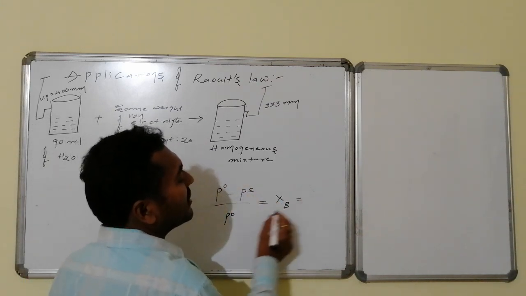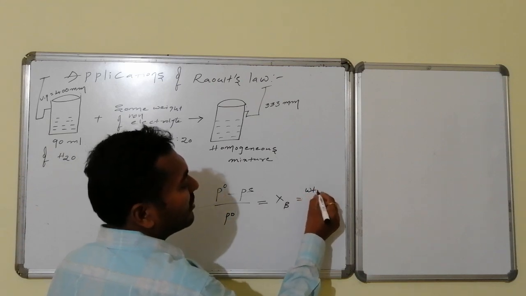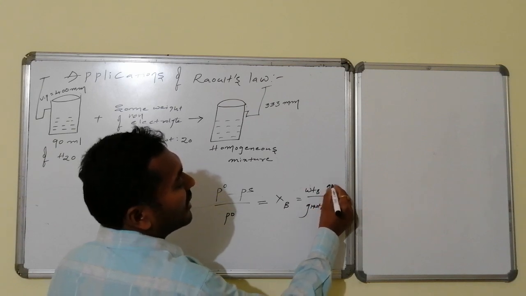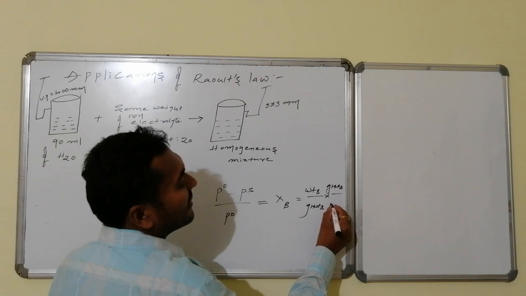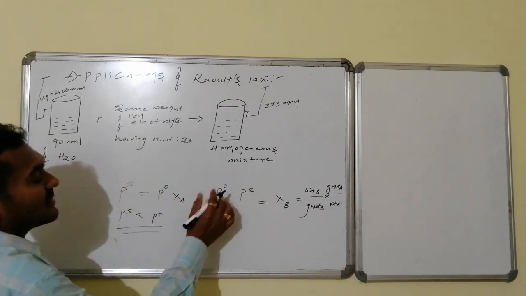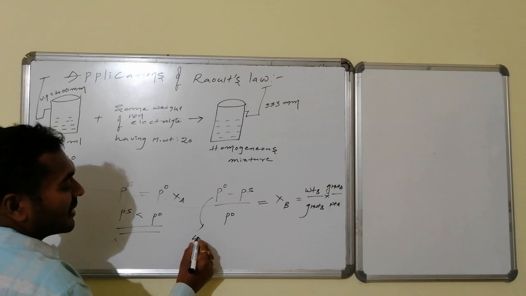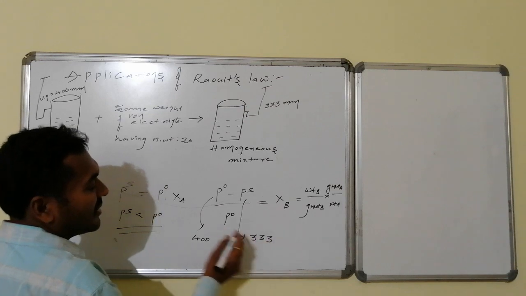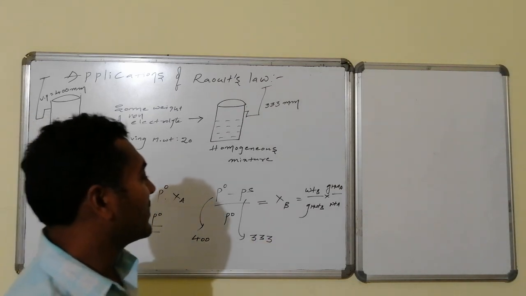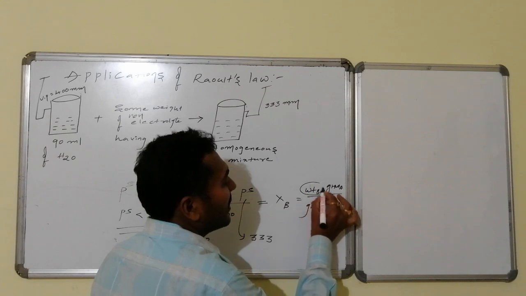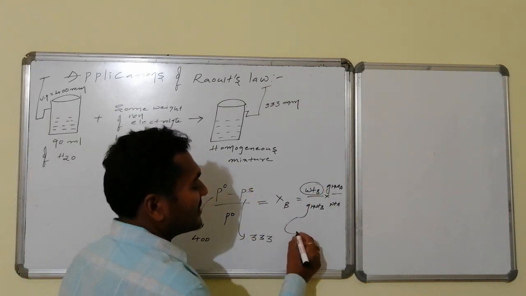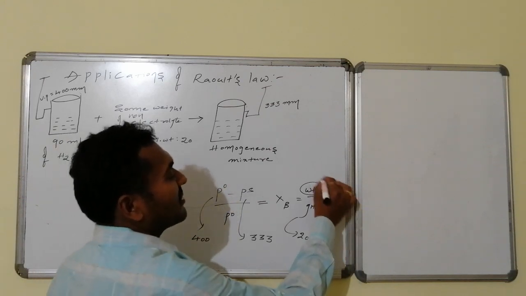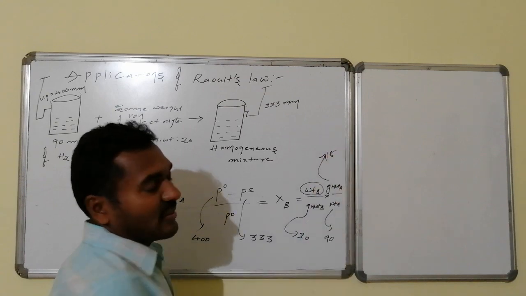Xb is approximately equal to weight B by gram molecular weight of B into gram molecular weight of A divided by weight of A. Here P0 is 400 mm Hg, Ps is 333 mm Hg. Weight B we want to calculate. Gram molecular weight is given as 20, whereas weight of A is 90 grams of water, 90 ml, because density is 1, and its gram molecular weight is 18.